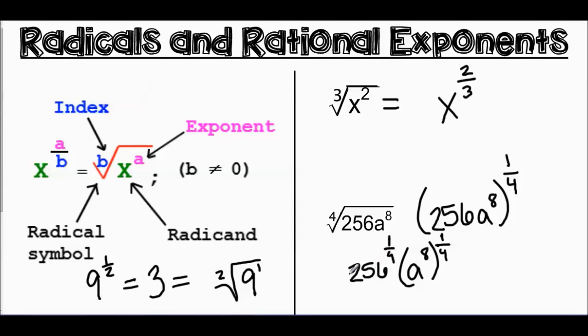Okay. When I'm trying to find 256's 4th root, meaning what can I multiply by itself 4 times and get 256? If I start with 2, for instance, I know that 2 to the 4th is equal to 16. Can I bust 16 out of 256?